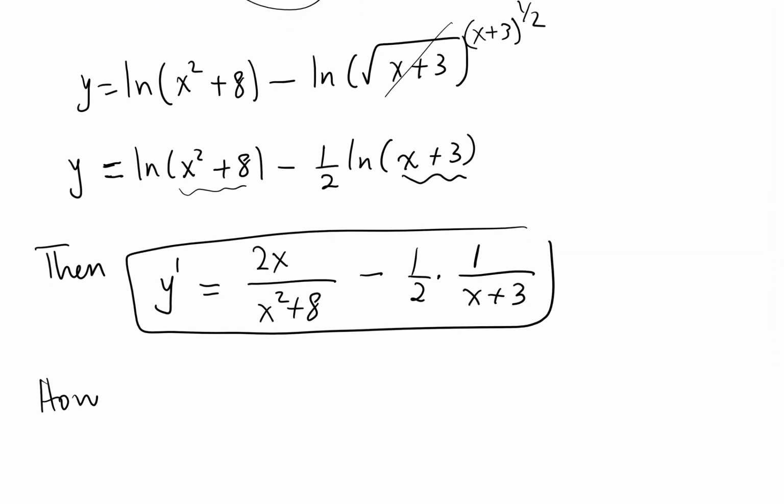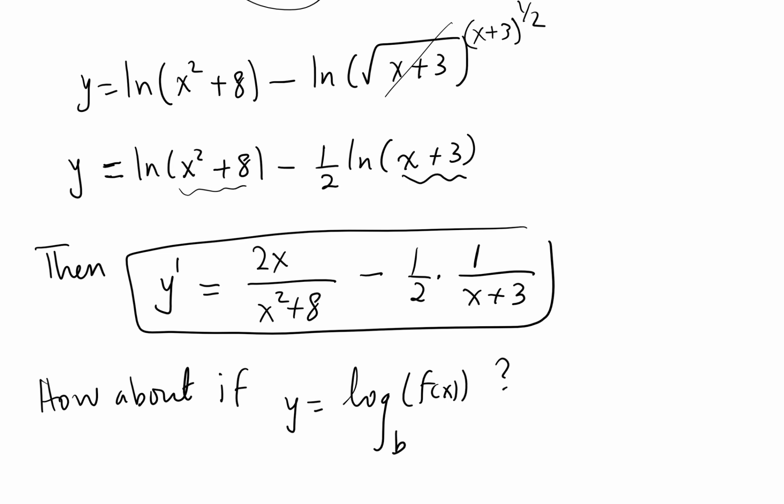How about, as a question to ask, if y equals log of f of x base b, what would be y prime? The one we have been finding was natural log. Natural log means it's the log base e.